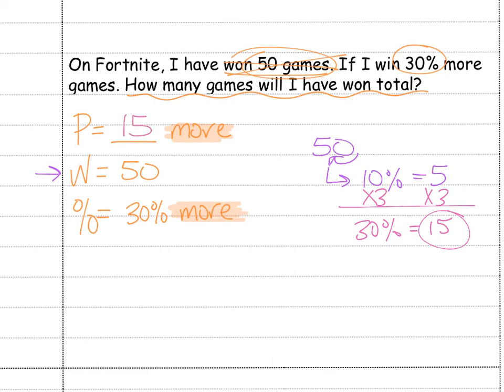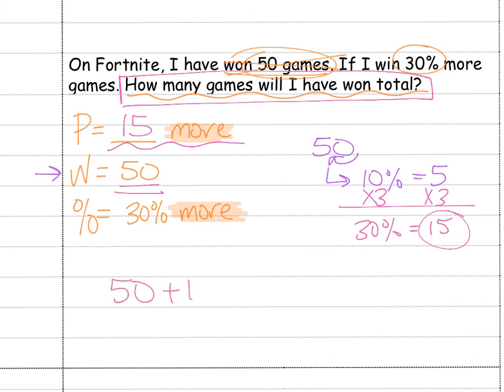So 15 more. But it's asking how many games have I won total? I had 50 wins. I get 15 more wins. And I'm going to have to add those together. So how many I start with, how many more I get, and all together I'll have 65 wins.